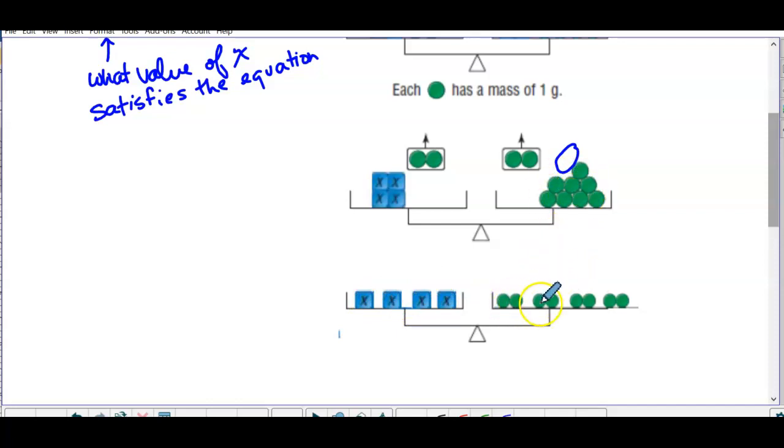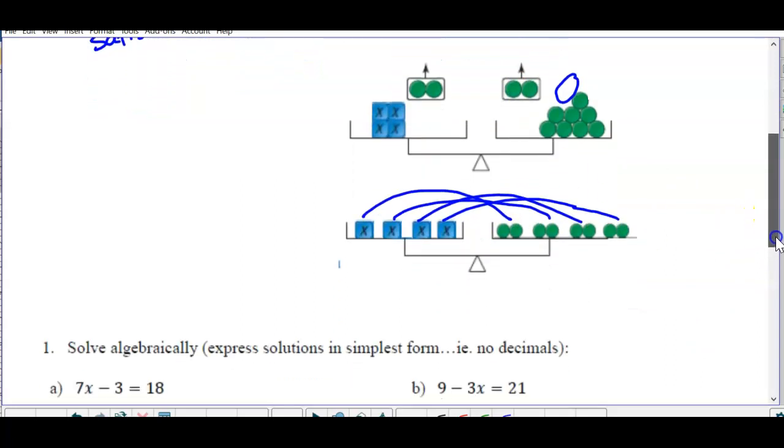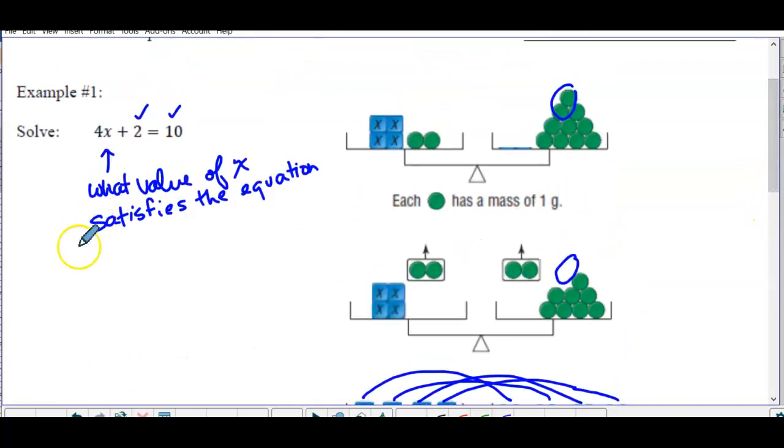And so if we just group them into 4 groups, because there's 4 x's, you can see that each x has to be the same value, and each x is equal to 2. Okay, so that's kind of a pictorial representation of what you're doing when you're solving an equation.